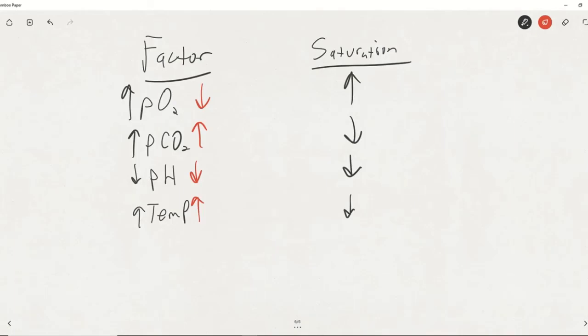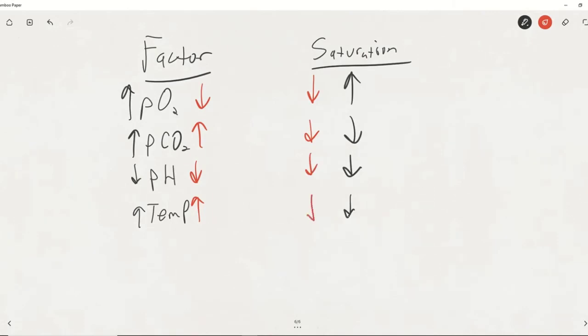Look closely and see if you can tell what they all four have in common. Well, low PO2 will have low saturation. High PCO2, low saturation. Low pH, low saturation.